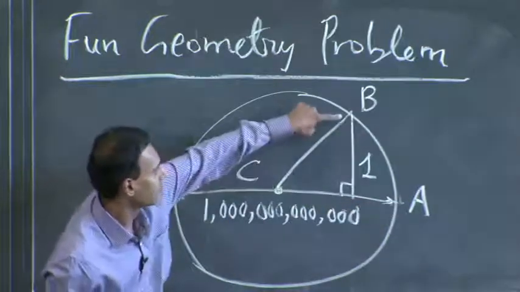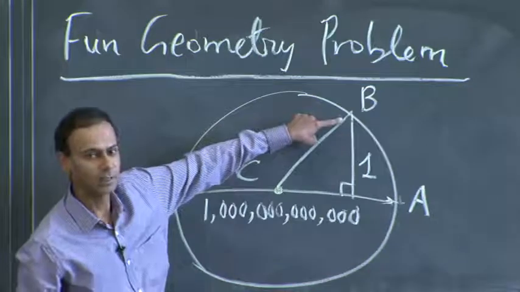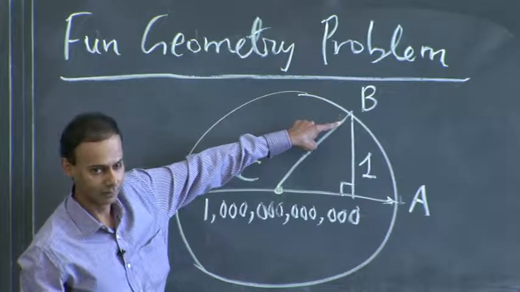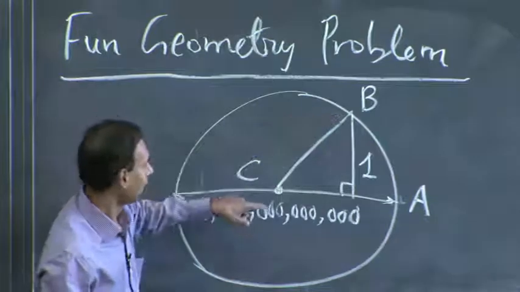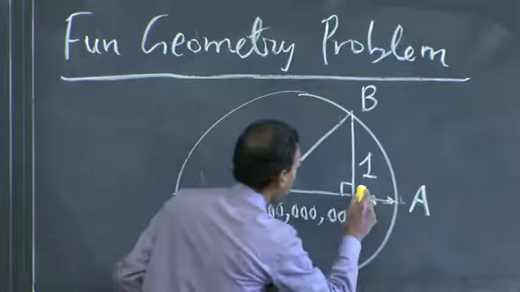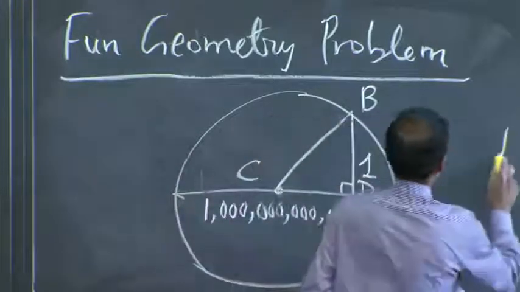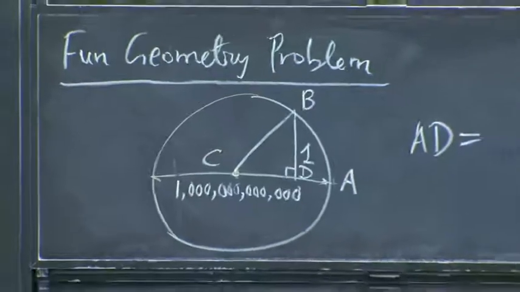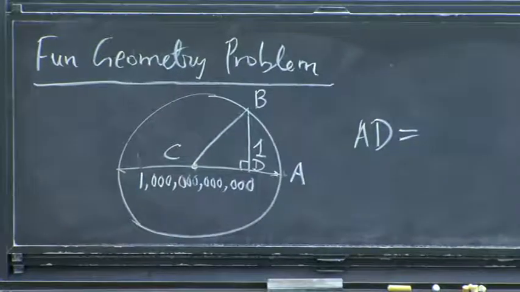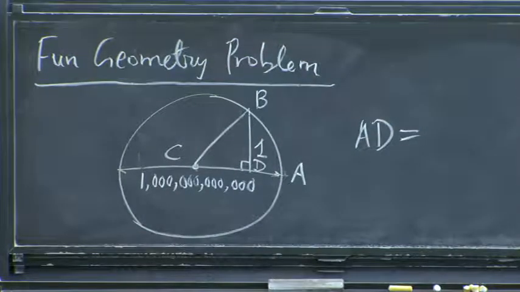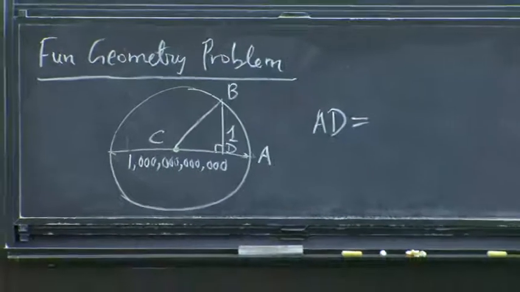Someone tell me what CB is. 500 billion, right? And obviously CA is 500 billion. And if I call this D, somebody who remembers high school or middle school geometry, give me an equation for AD. So what's an equation for AD, guys?